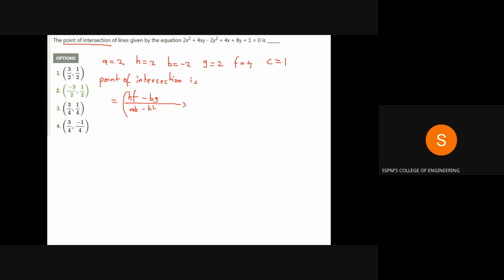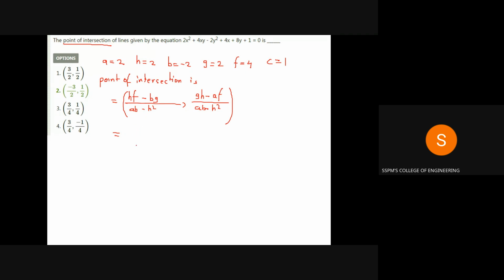This is the x coordinate, and the y coordinate is gh minus af divided by ab minus h square. The denominator for both the coordinates is the same, it is ab minus h square.